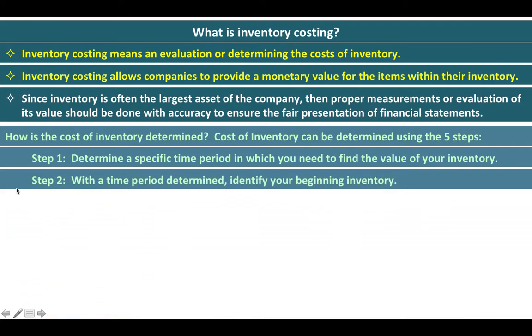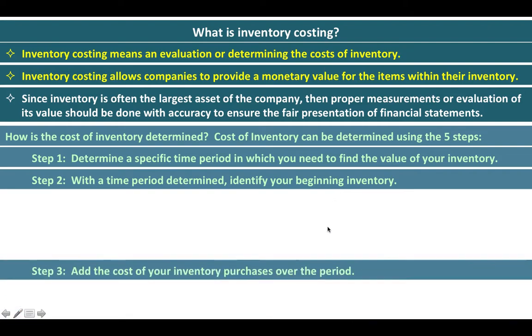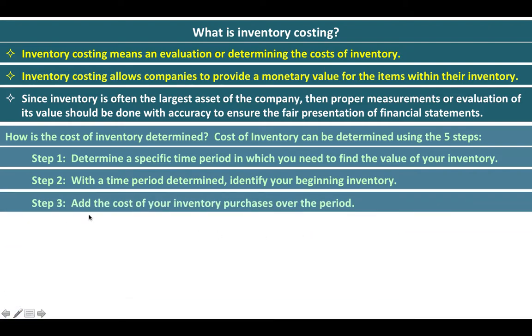Step 2, if you have determined the specific time period, then identify your beginning inventory. Step 3, add the cost of your inventory purchases over the period. For example, if you have determined the period is one year, then you have to determine the beginning inventory for that year, and then you have to add all the purchases for the year.